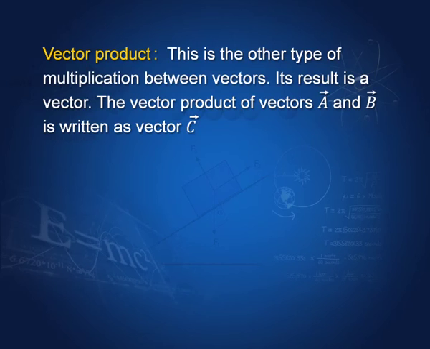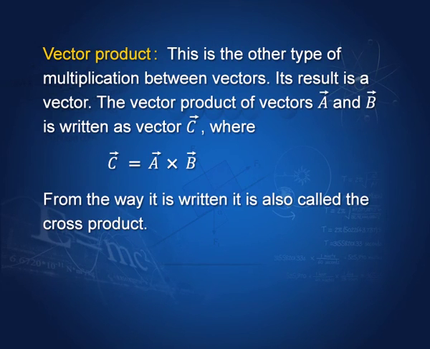Another category of vector products is what is known as the vector product or cross product. Here we are multiplying two vectors, and we shall see that the result would again be a vector. The vector product of vectors A and B is written as vector C, where vector C is equal to vector A cross vector B, and since there is a cross between A and B, this is also known as a cross product.